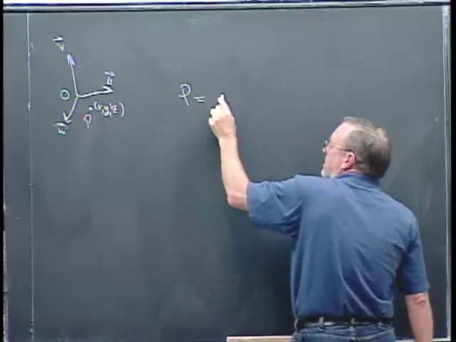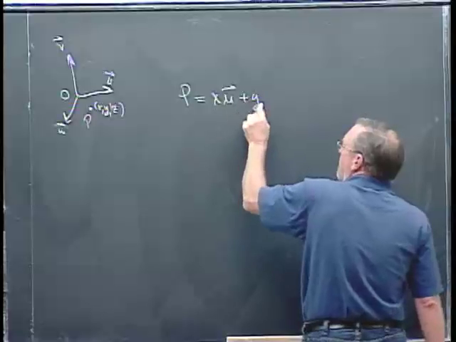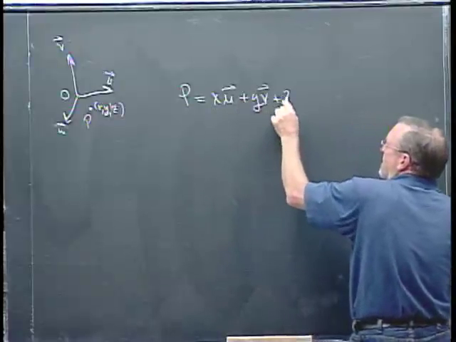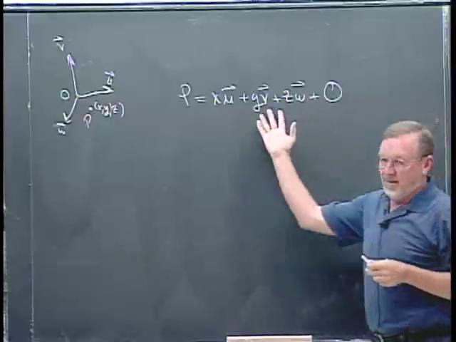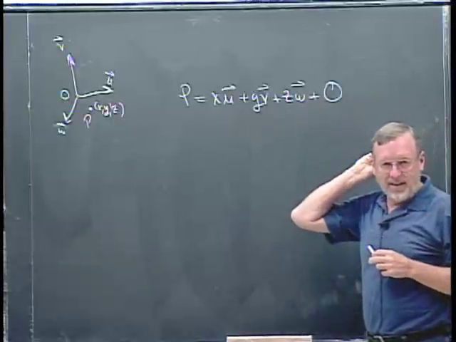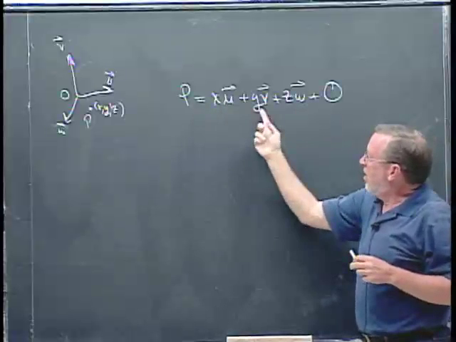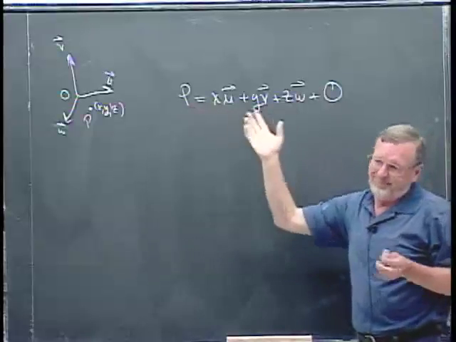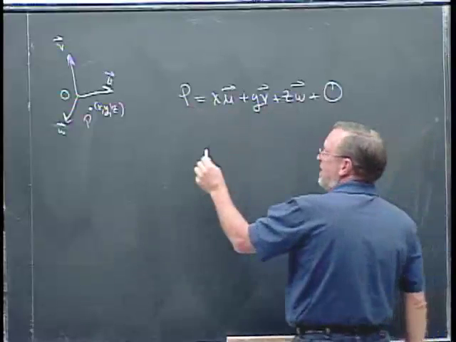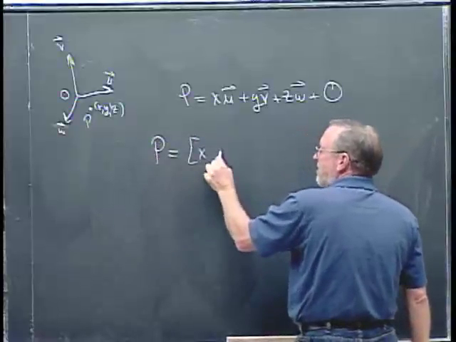There's always an X, U, plus Y, V, plus Z, W, plus O type of operation in order to get from O to P. In this frame, we usually call the coordinates X, Y, Z the coordinates of P. Standard stuff. And we usually write P as the standard thing here.